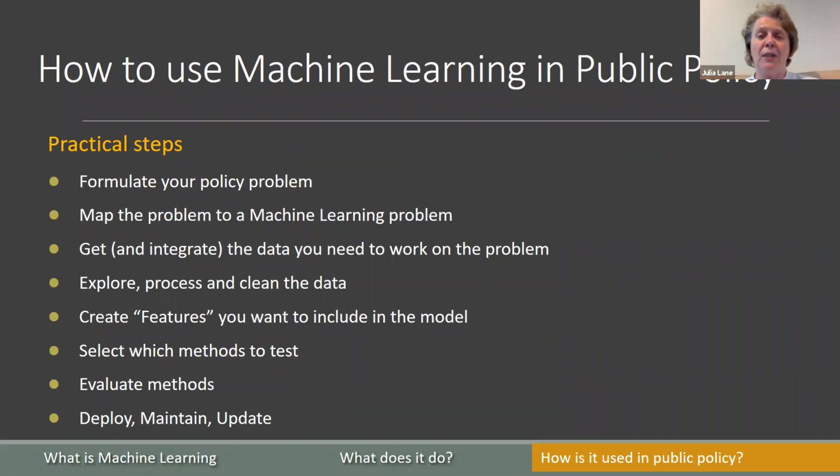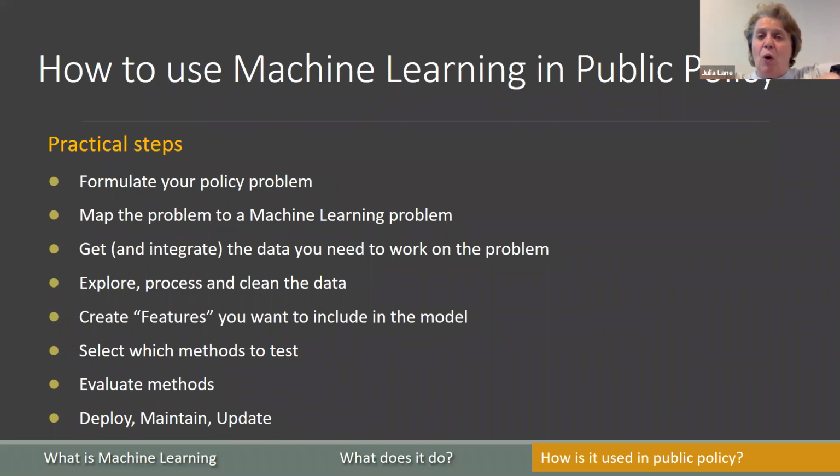And if I'm interested in the effect of workforce experience, I'm going to have to incorporate information from administrative records from a workforce agency and put those together. Then what I've got to do is I've got to clean it, process it. You'll see that that is an enormous amount of work, but it's very important to have good data because, as they say, garbage in, garbage out.